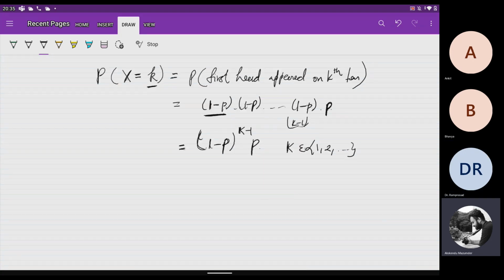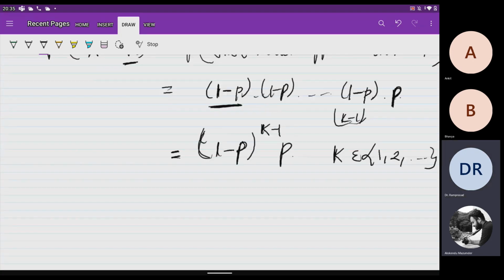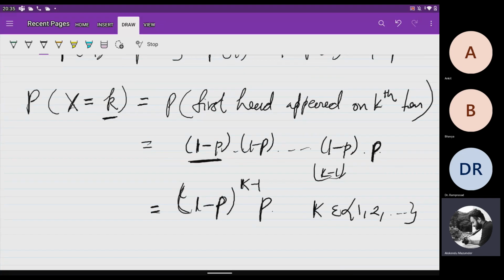Can you explain this once again? Yeah. So I'm saying x denotes the number of coin tosses until the first head. Okay. So basically x denotes the number of tosses that are required to get the first head. So if I say x equal to k, it means my first head has occurred on the kth toss. So on the first k minus 1 tosses, I was getting tails.